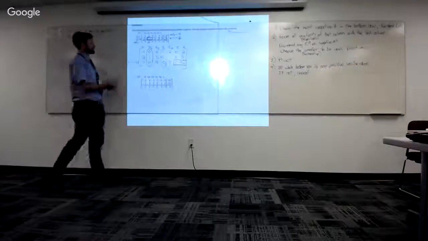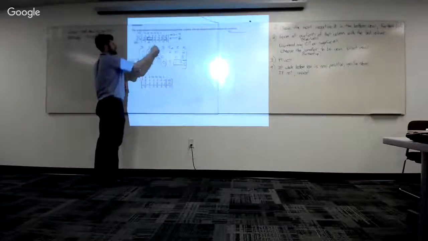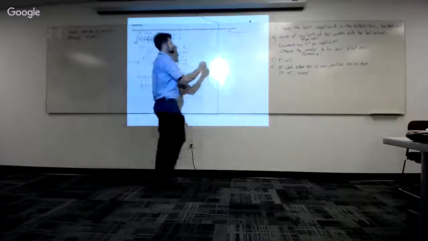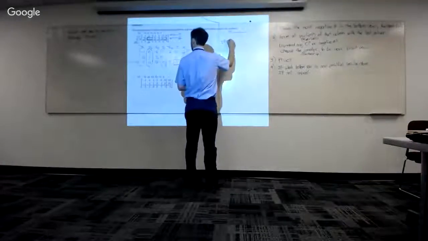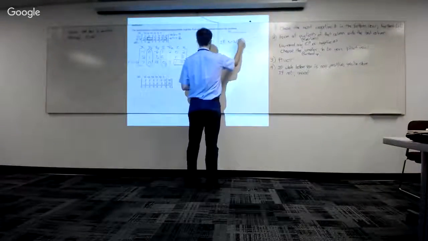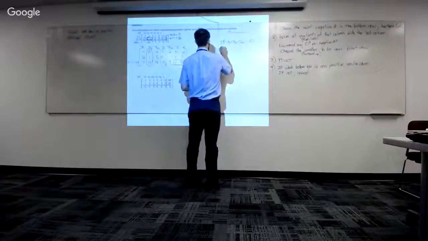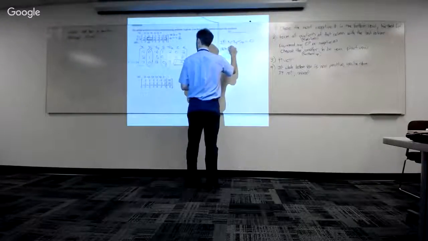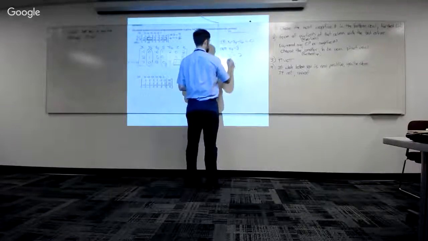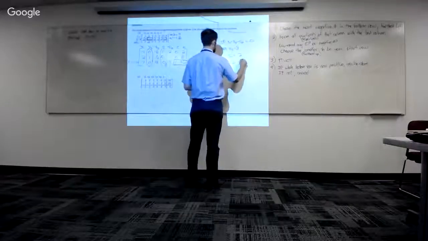So what we're going to say then is that if x1, x3, and s2 are all 0, then x2 will equal 8, slack 1 will equal 2, and z will be optimized at 32.